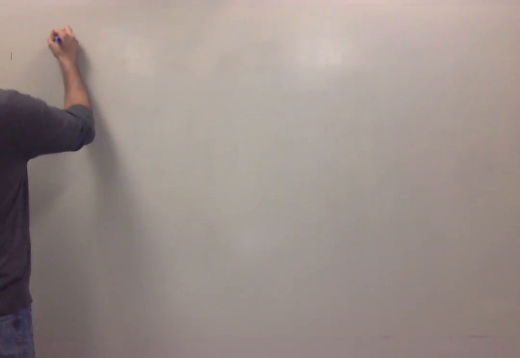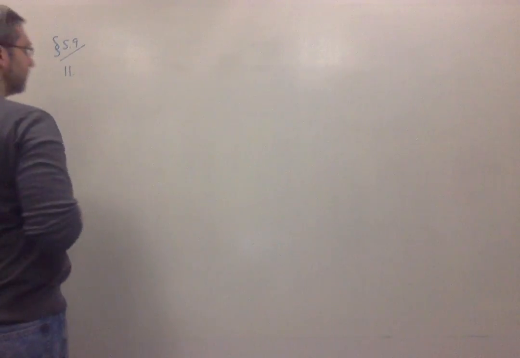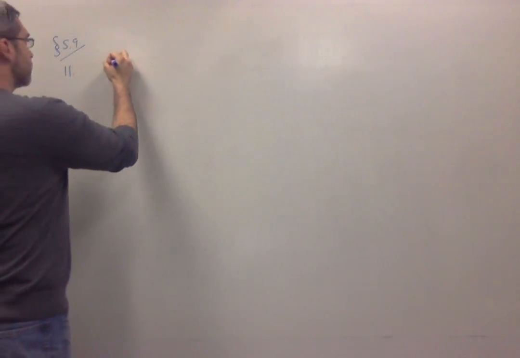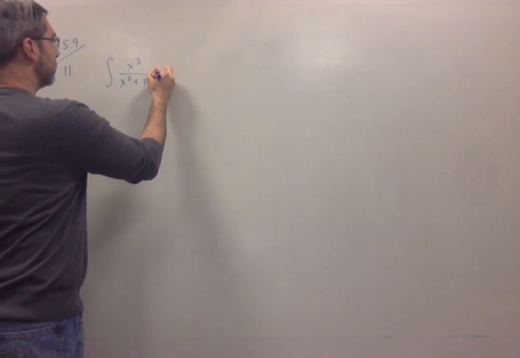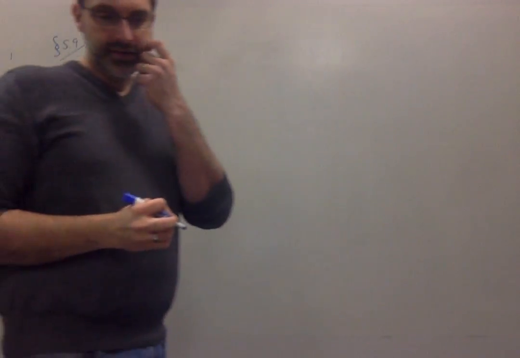Both of them come from section 5.9. The first problem is actually number 11, and I may not do the entire problem, but I may just remind you. I think once you get the reminder of what to do here, you'll know how to proceed. So this first one is number 11.